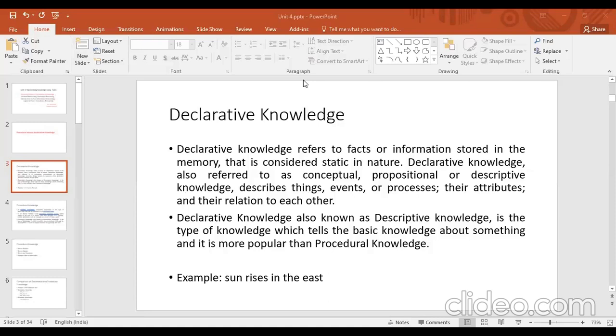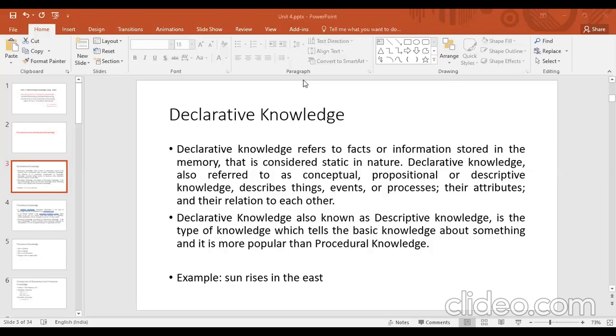Declarative knowledge, also known as descriptive knowledge, is the type of knowledge which tells the basics about something, and it is more popular than procedural knowledge. Why is it more popular? Because suppose we have to solve a problem, before solving any problem we require some basic knowledge.